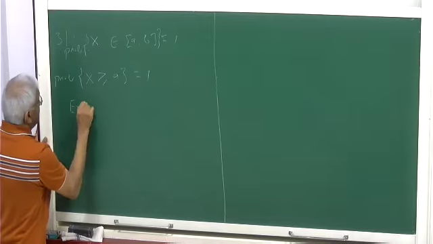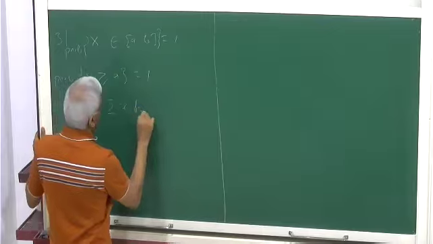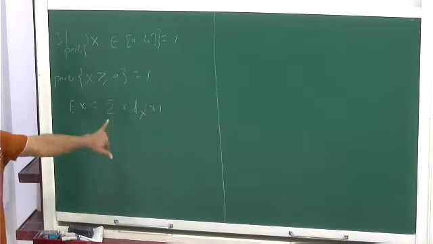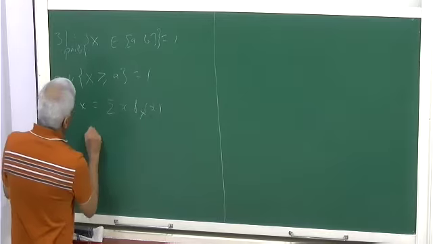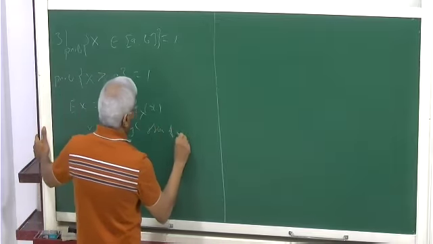Then E of X is equal to the summation of x f_X(x). But when x is not in that interval, f_X(x) is 0. When x is in the complement of [a, b], then f_X(x) is 0.